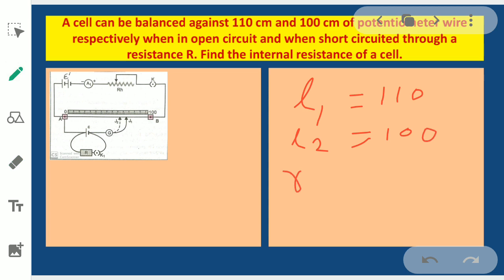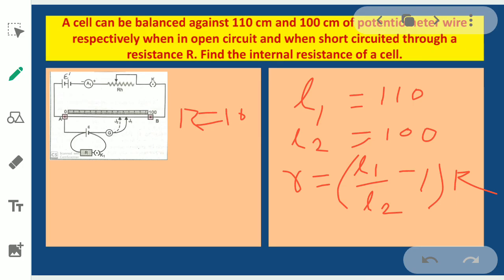So small r is equal to L1 by L2 minus 1 into capital R. Now using these values of L1, L2 and capital R equal to 10, you get small r is equal to 1 ohm.